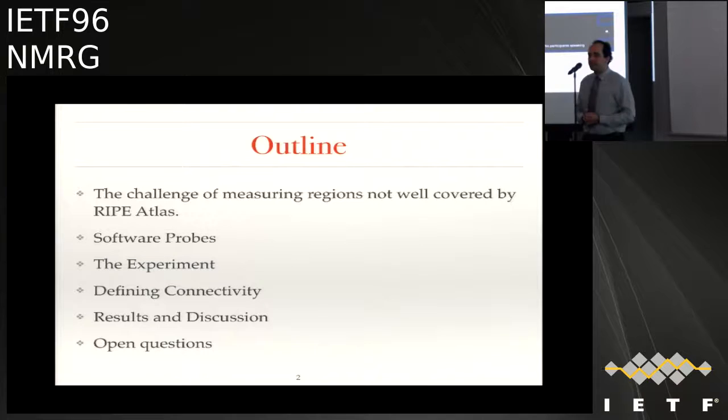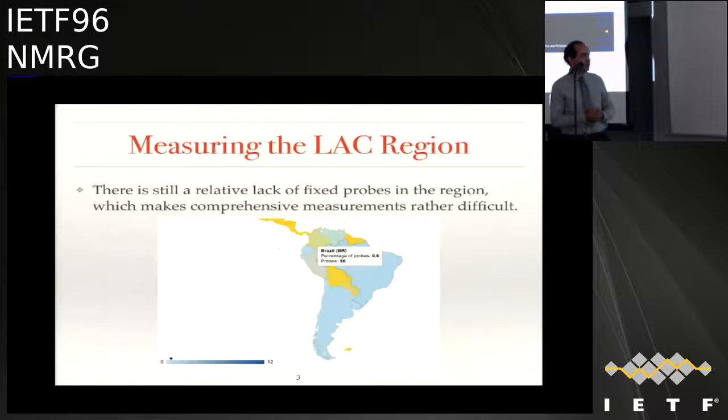Okay, so the Latin American and Caribbean region doesn't have too many probes in comparison to other countries in the world. This is taken from the official site of RIPE Atlas, and the country with the most probes is Brazil, a giant country with only 56 probes, and the line down there shows a very pale blue color, meaning that the percentage of probes covered by that country isn't too high.